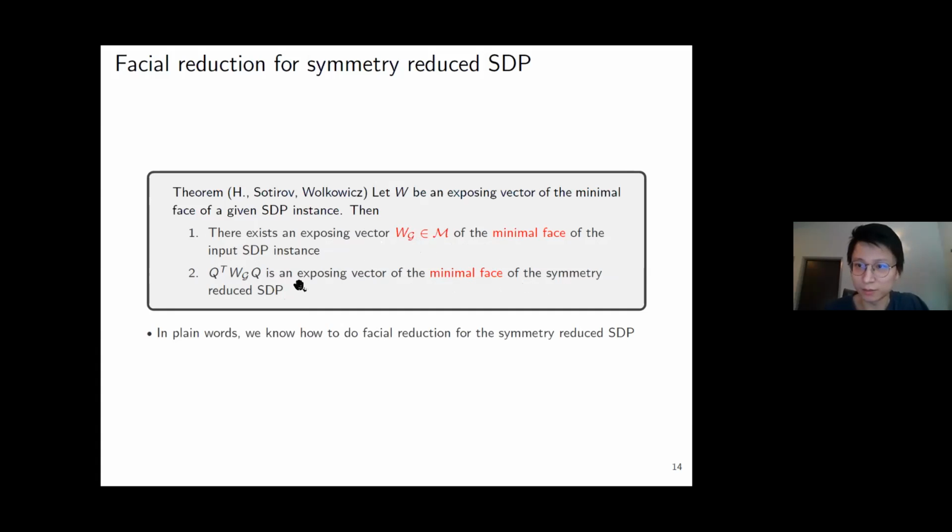So that means if I use this exposing vector here, I will find a strictly feasible formulation for the symmetry reduced SDP. And therefore, we have found a formulation that is both facially and symmetry reduced. Here maybe it looks complicated, but in plain words, it's nothing else but that we know how to do facial reduction for symmetry reduced SDP.